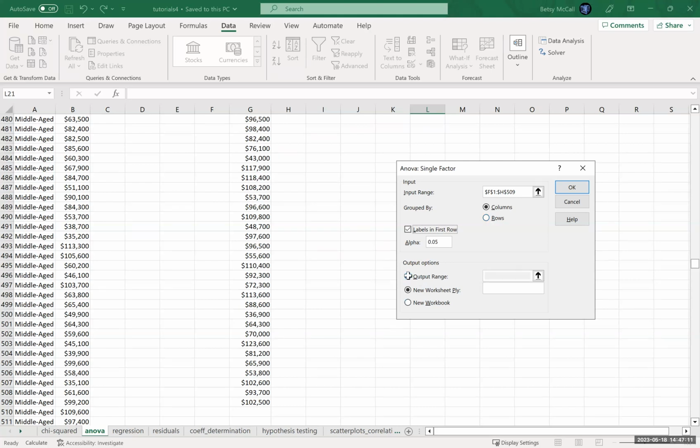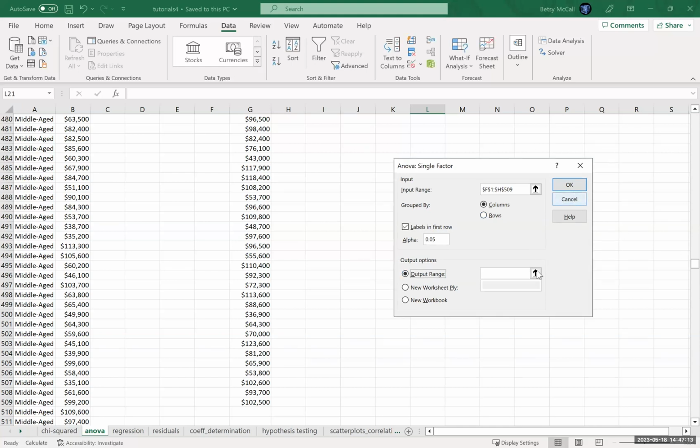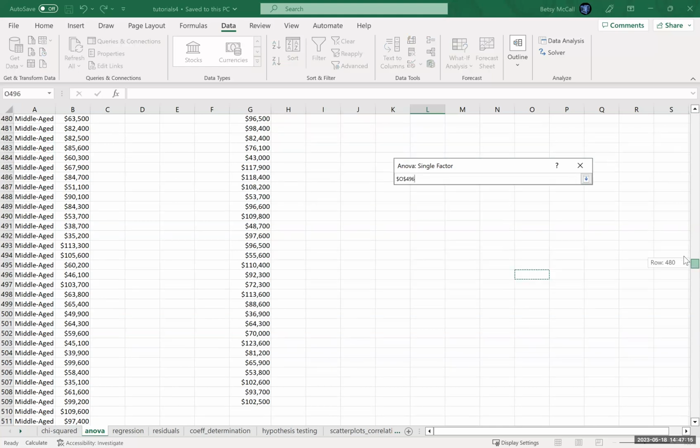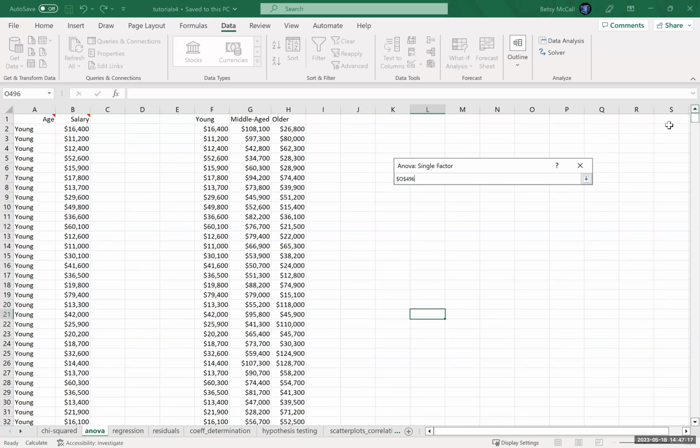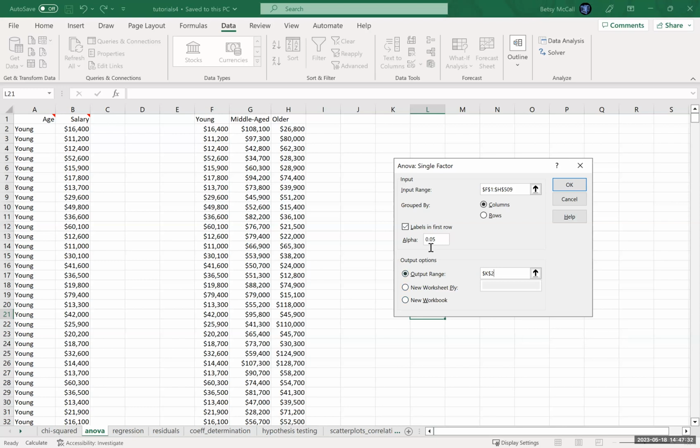And then for the output range, since I have only the one analysis, I'm just going to put it in the same workbook. Do be careful about where you place this, because if you want to find it again later, you don't want it 800 rows down. Alpha is used for calculating the significance cutoff value if we wanted to do the rejection region method.